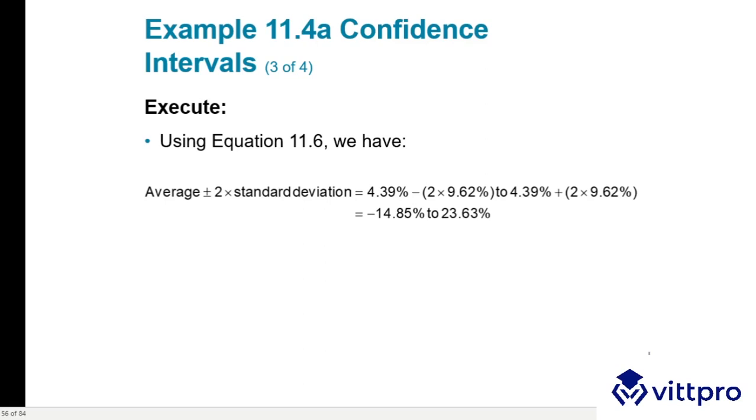If you want a much narrower range, like 1 standard deviation, then we can say the returns will be minus 5% to plus 14%. Our confidence level is only 66%, because we want to estimate the future performance. You cannot estimate the future performance by standard deviation, but what you can guess is a range. So let's say 4.39%, and we add 1 standard deviation to it, the standard deviation being 9.6%, right?